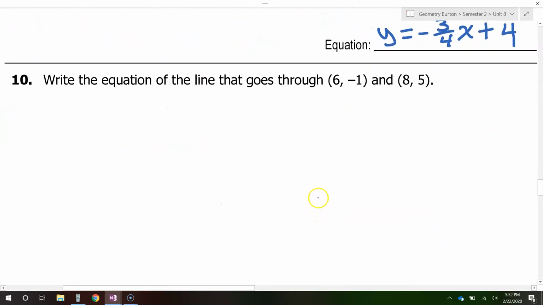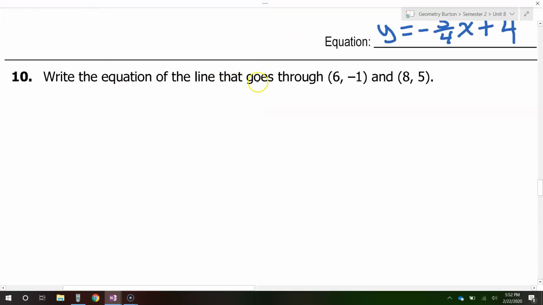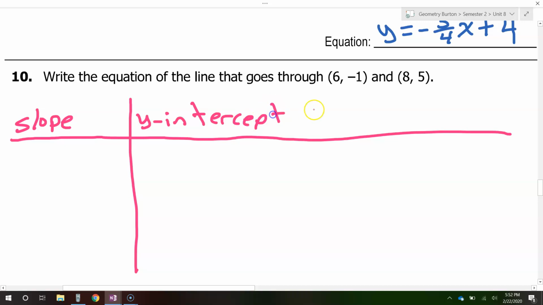All right, moving on. Write the equation of the line that goes through these 2 points. Great, so I'm going to use my graphic organizer again, because it works great. So I'm going to do slope right here, and then I'll do y-intercept in the middle, and then I will write the equation.